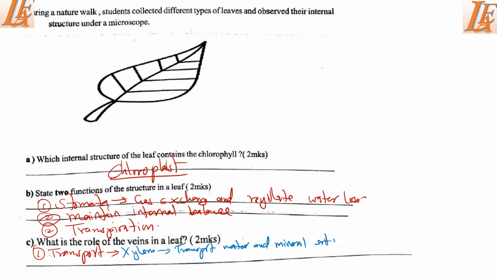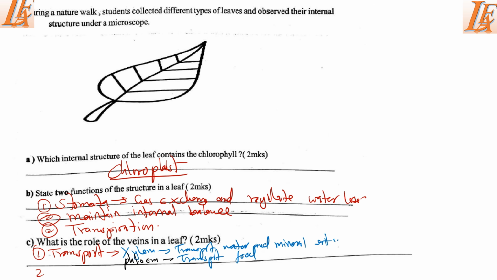At the same time, we have phloem, and a phloem is used to transport food after it has been manufactured during photosynthesis. This phloem is used to transport food to other parts of the plant.